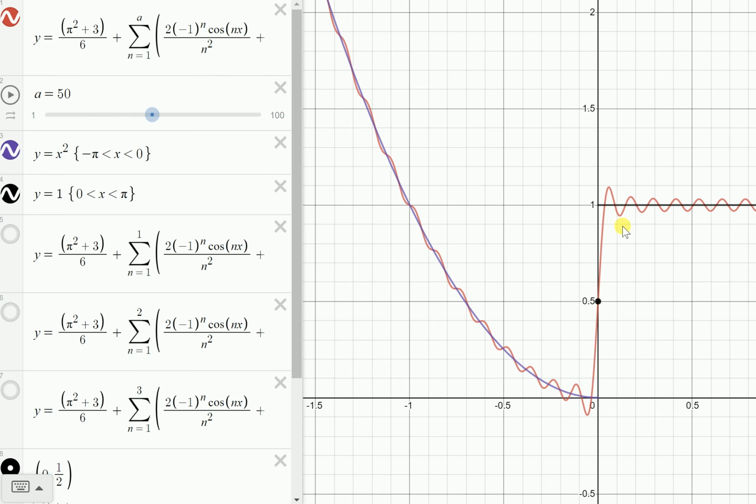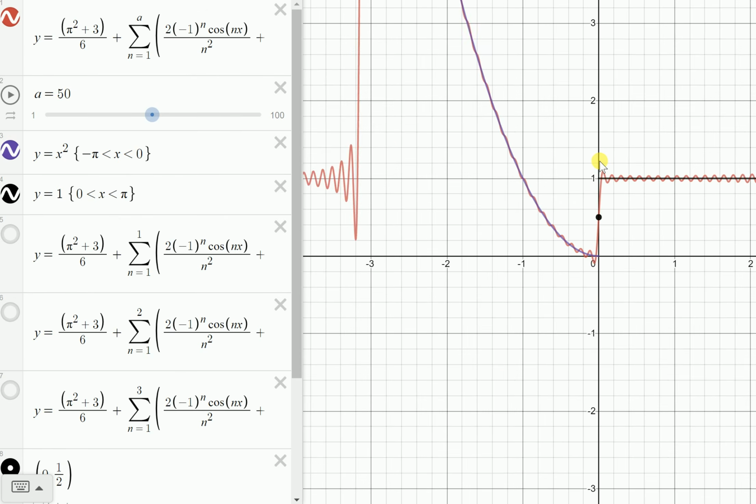The Fourier series will converge to the midpoint of where the function was on one side of that discontinuity. On one side it was up here at 1, and on the other side it was getting really, really close to 0 here. So our Fourier series approached that midpoint.